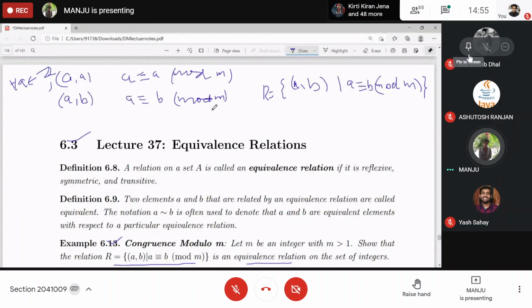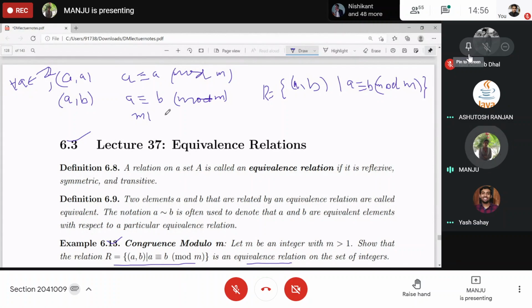Now tell me, you want B is congruent to A modulo M. This means M divides A minus B. Actually, if A is congruent to B modulo M, then B is congruent to A modulo M. This is always true.